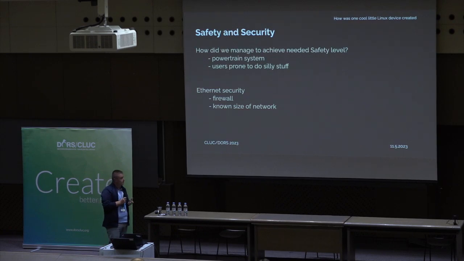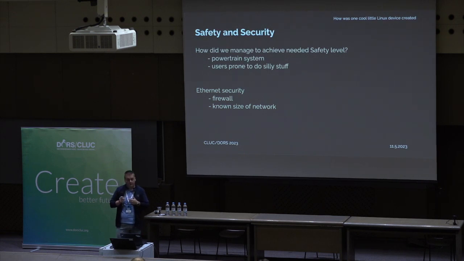In the vehicle, the size and what exactly is connected inside the network is known to all devices. If you have all of the devices aware of what the other devices are, you can do very good things with the security.